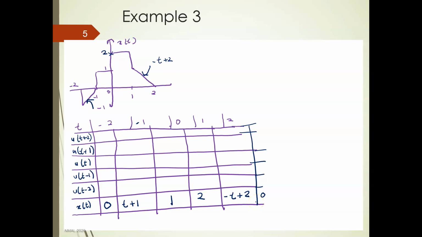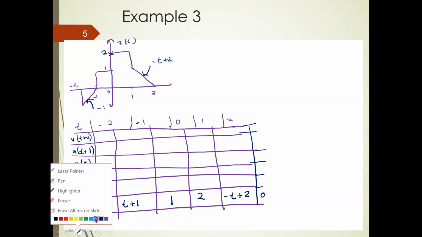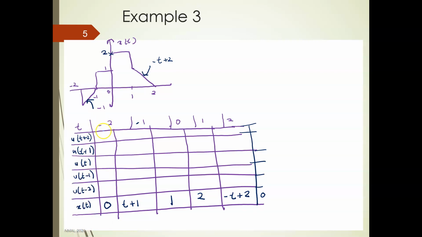So from here, we solve one by one. Before -2, all the signals should be 0, so we just put 0 here. And then we solve the first row first. In between -2 to -1, we just follow this t plus 1.